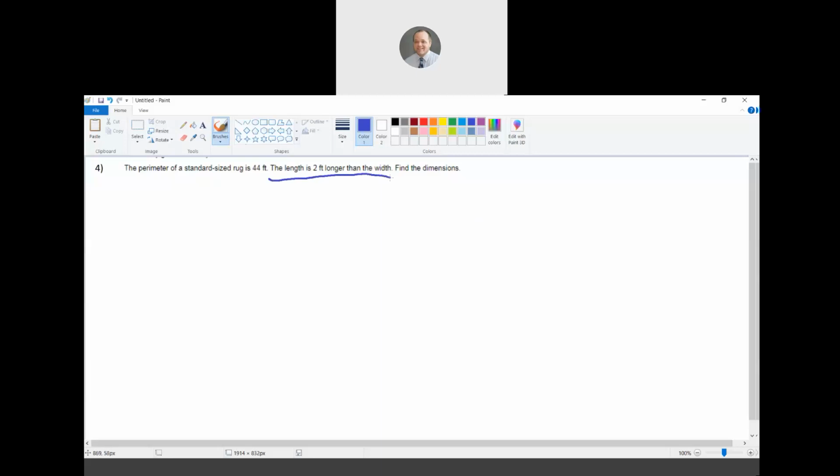Use this second sentence to set up your first equation. The length L is 2 feet longer, which means plus 2, than the width W. L equal to W plus 2 is our first equation.